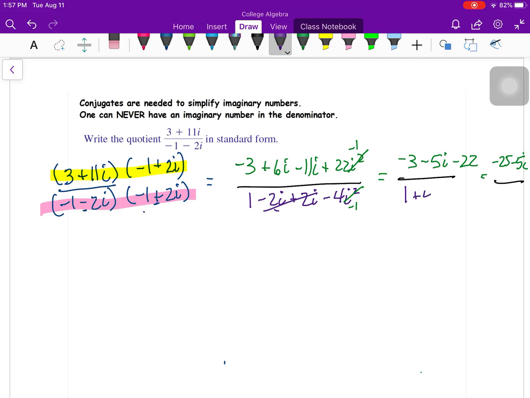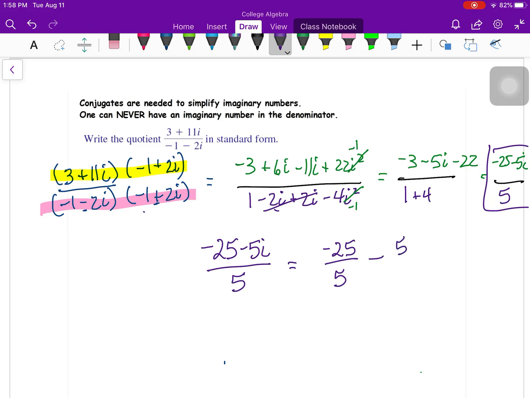So I have 1 plus 4, which is 5. So I have this negative 25 minus 5i all over 5, which I can split into my real part. Negative 25 over 5 minus 5i over 5, which reduces to a negative 5 minus i.